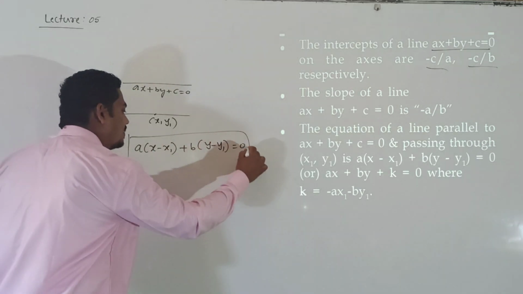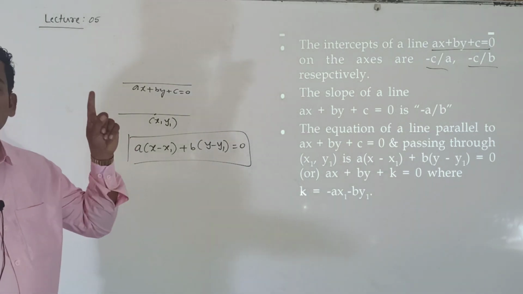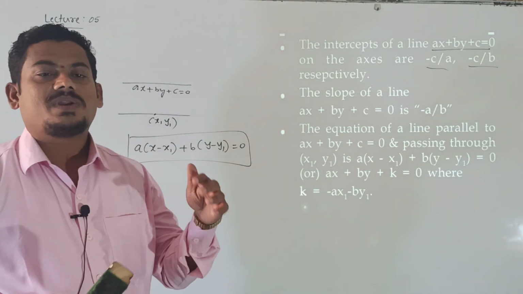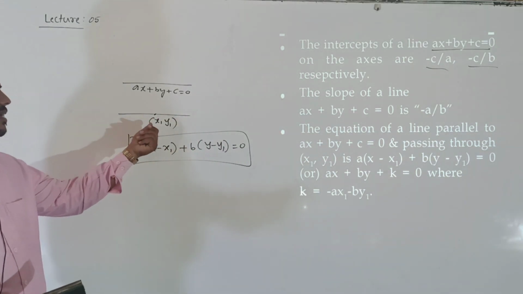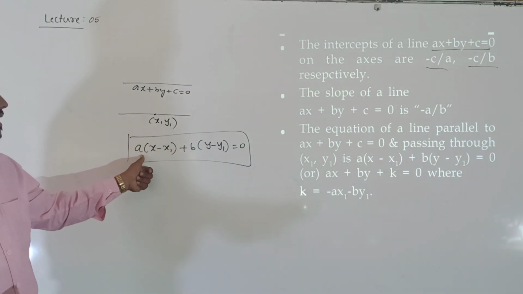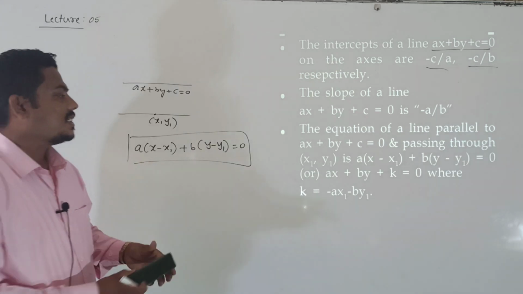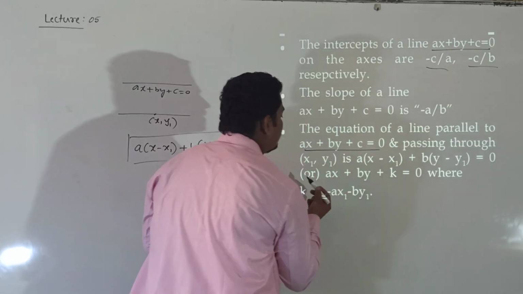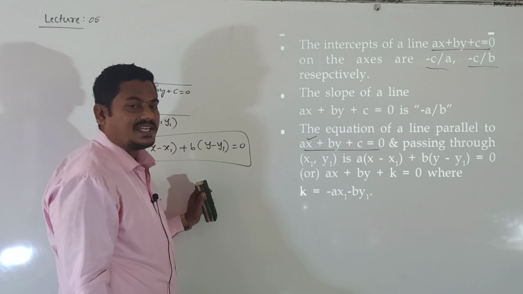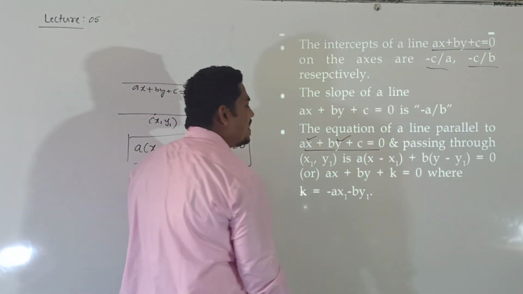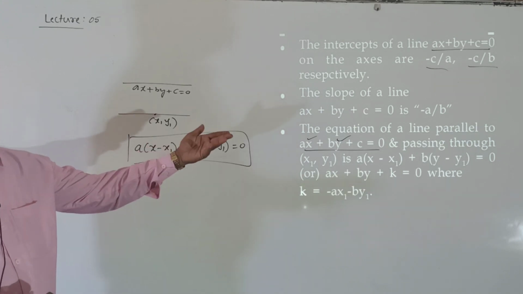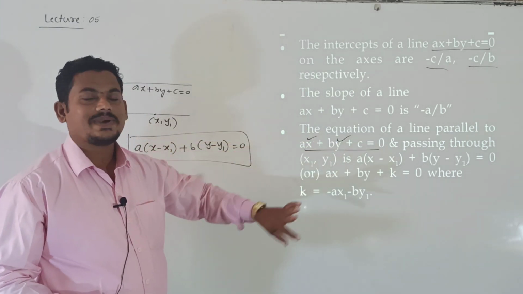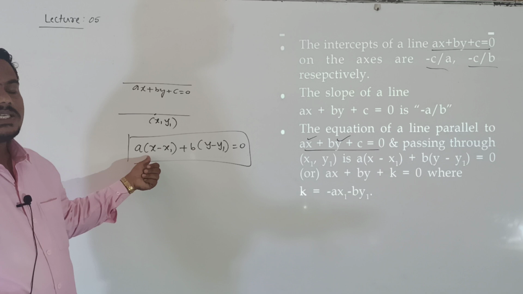This is very important one, right? Equation of the line parallel to ax plus by plus c equal to 0 and passing through the point (x1, y1) is a into (x minus x1) plus b into (y minus y1). Means in this equation simply replace x as x minus x1 and y as y minus y1, and in this case just delete the c value.